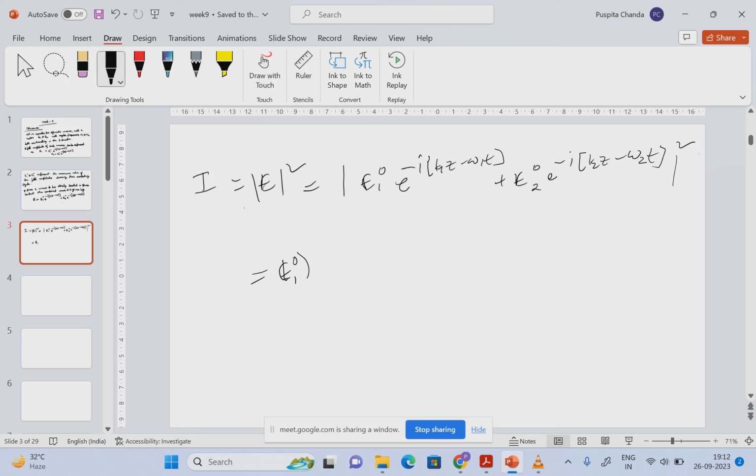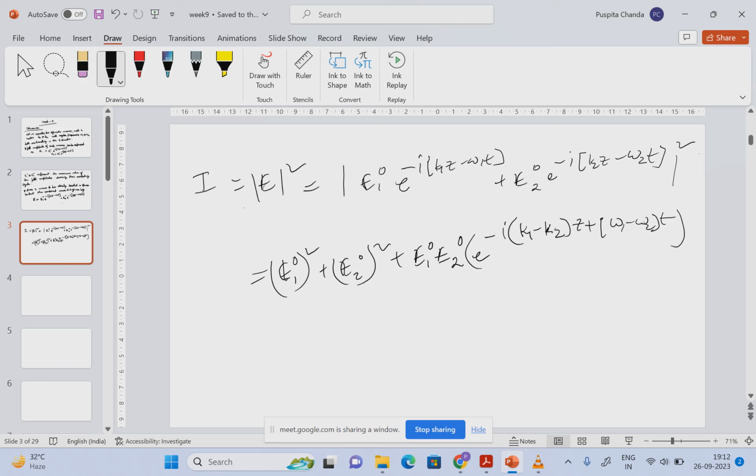That will be e to the power minus i (k1 minus k2) z plus (omega 1 minus omega 2) t, plus e to the power i (k1 minus k2) z plus (omega 1 minus omega 2) t.